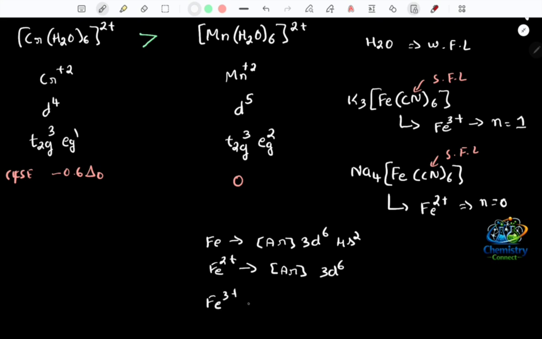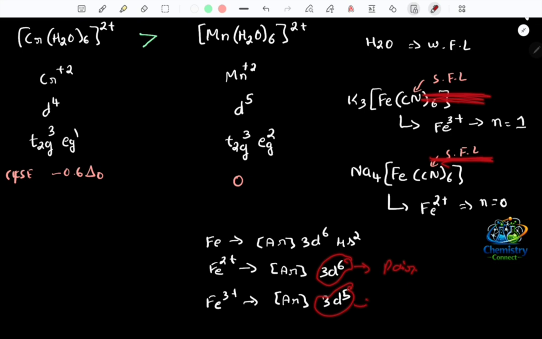If it is Fe3+, you get argon 3d5. Here d6 is even, so it will pair up with no unpaired electrons, since it is a strong field ligand. d5 is odd, so it will pair up but you will get 1 unpaired electron.